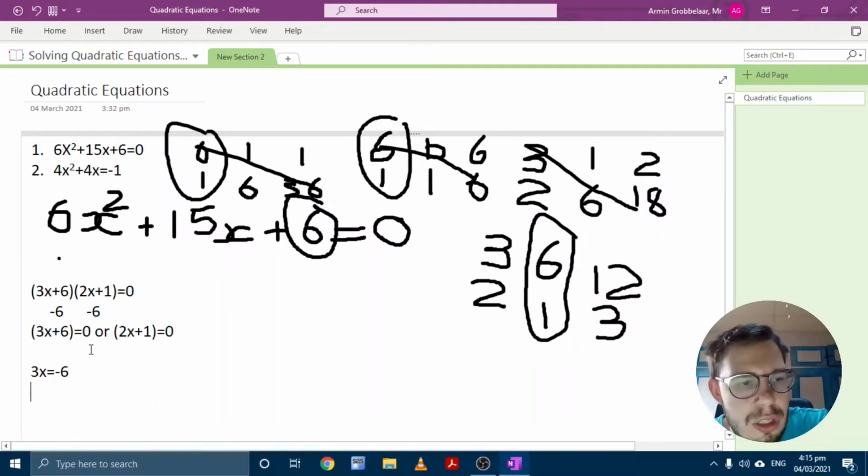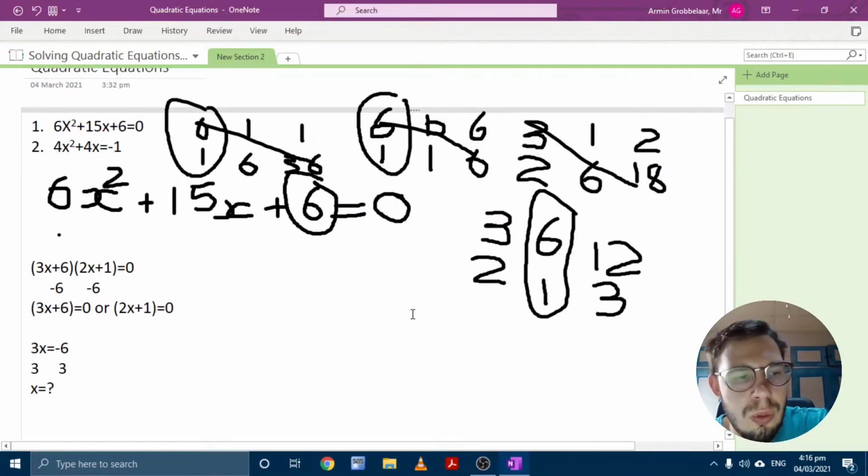Now, to get rid of that 3, because our goal is to get x equal to some number, I can divide by 3, because 3x divided by 3 is just x. But because I divided by 3 on the left, I also have to divide by 3 on the right.